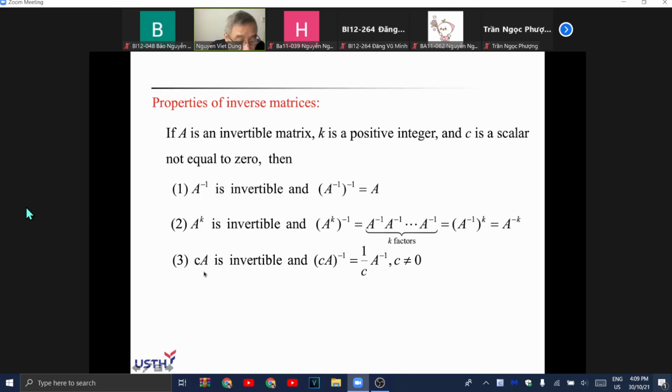Again, cA: if A is an invertible matrix and c is a non-zero number, then the product cA is again invertible, and the inverse of cA will be 1 over c multiplied by A inverse. With that formula, you see why we need c to be a non-zero constant.